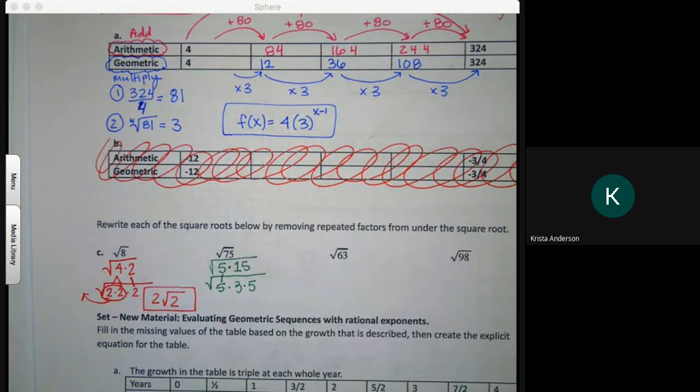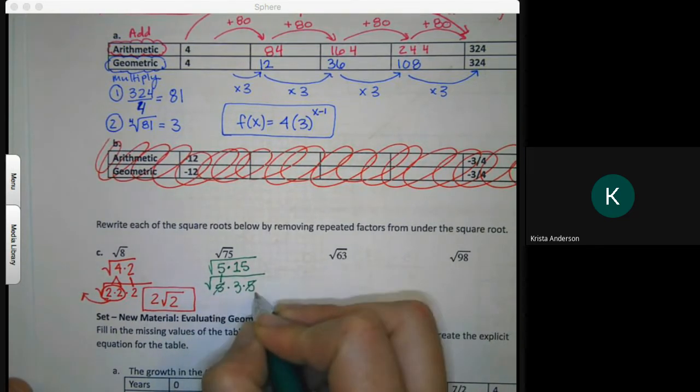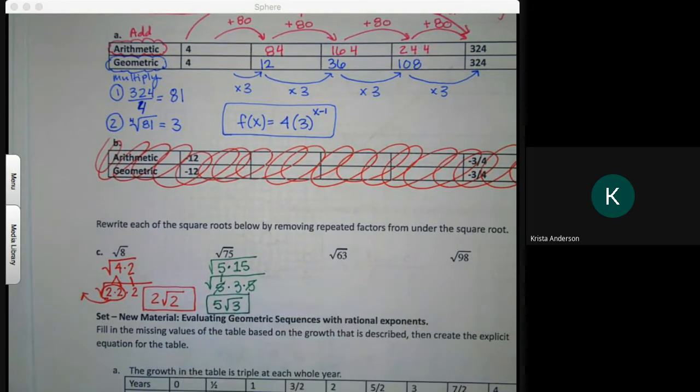Which numbers get to leave that root? 5s get to leave because there are 2. And the 3 has to stay. So I'm going to take the 5 out, but the 3 has to stay in the radical.